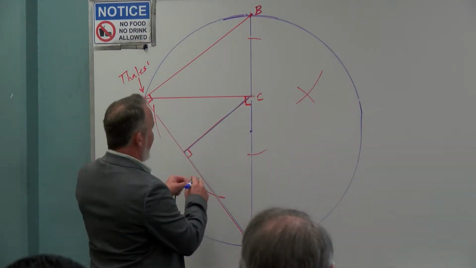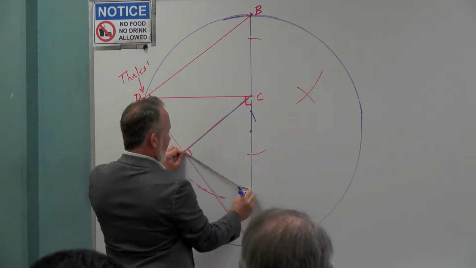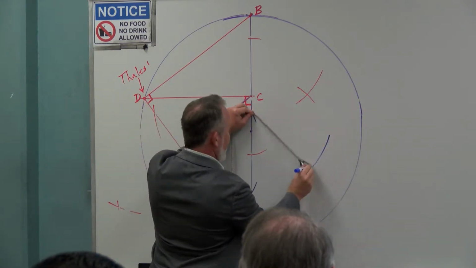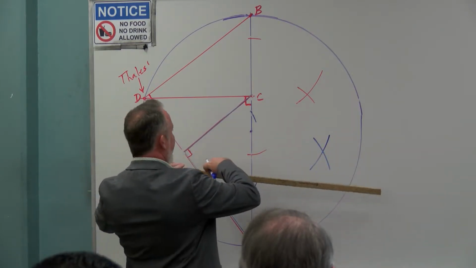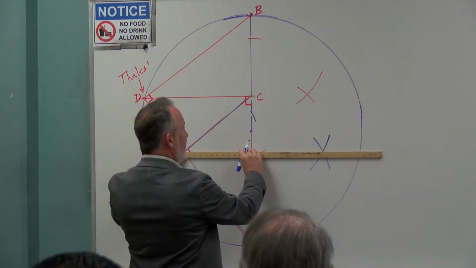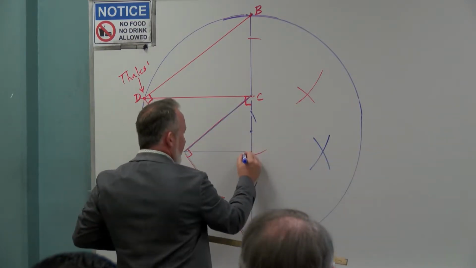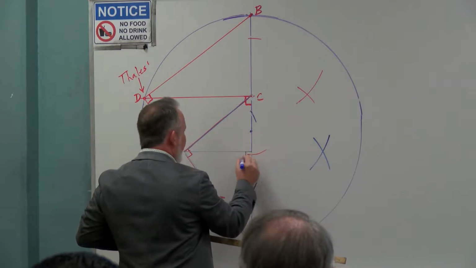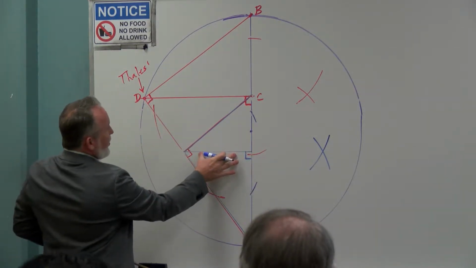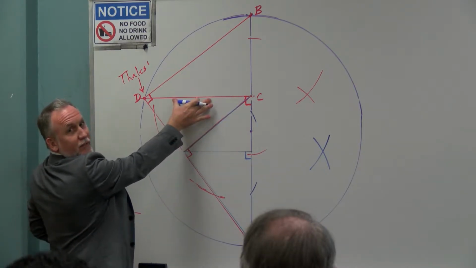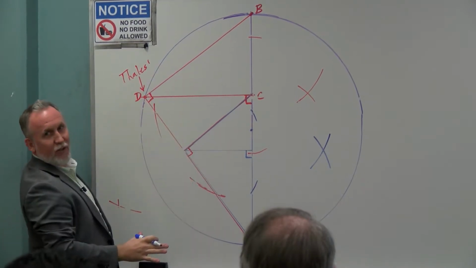So I'm going to now drop in a perpendicular here. And so by construction, this is perpendicular here. And now this perpendicular matches up with that perpendicular. Right? They're in the same place in these similar triangles.